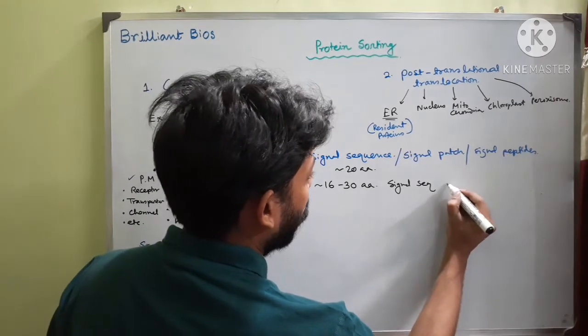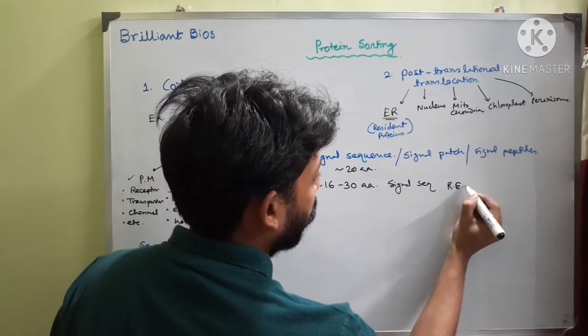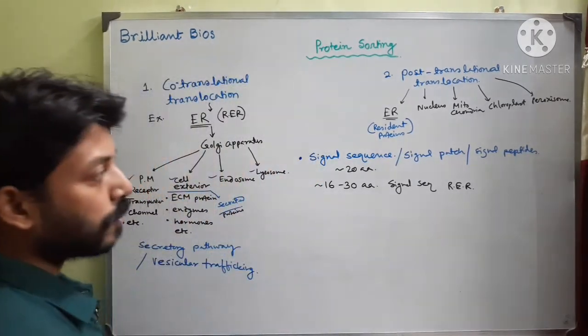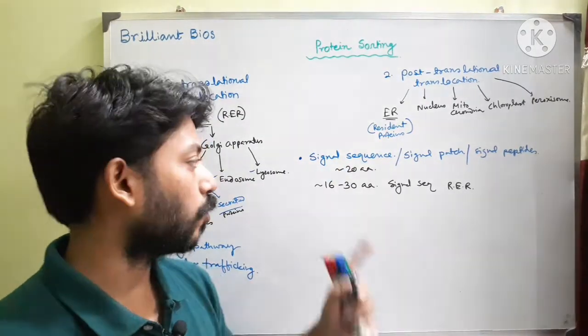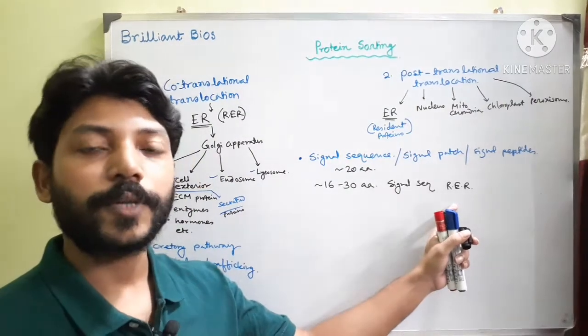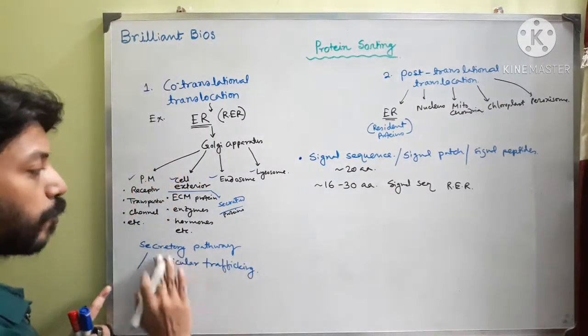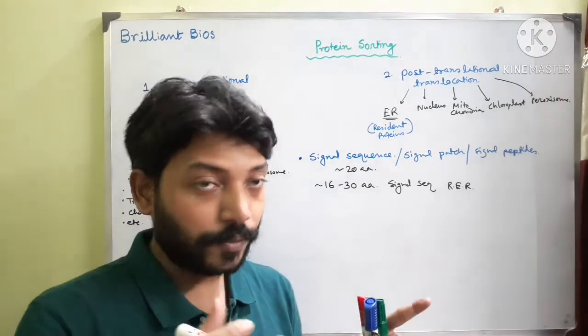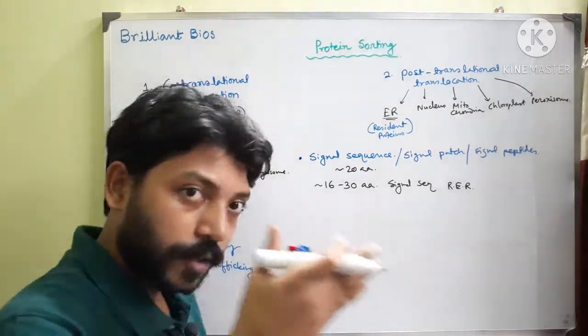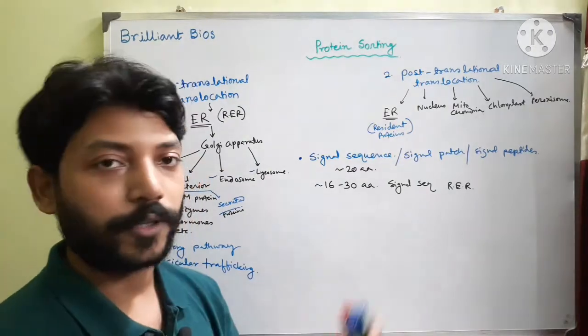for the endoplasmic reticulum, or rather the rough endoplasmic reticulum. Generally the sequence is approximately 20 amino acids, but those destined to the rough endoplasmic reticulum, specifically the secretory proteins, have 16 to 30 amino acids. This length of amino acid sequence is known as the signal sequence.